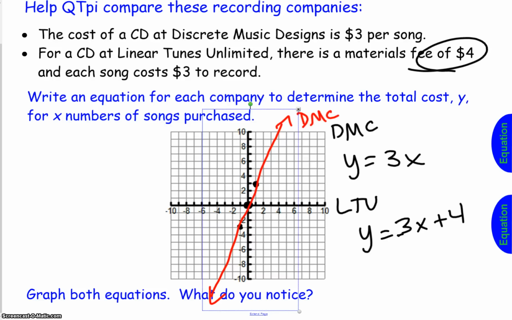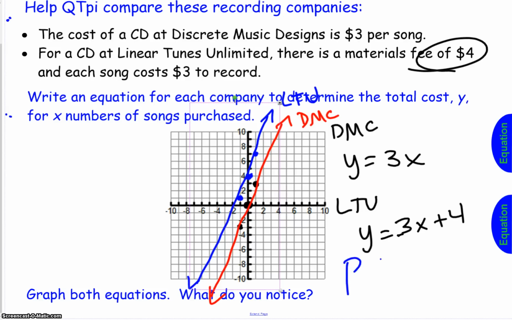So let's graph LTU. I have positive 4, and then my slope is up 3, over 1, down 3, and over 1. What do you notice about these lines if Miss Bryant could draw them correctly?